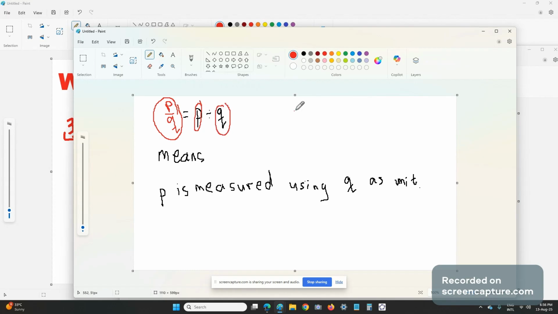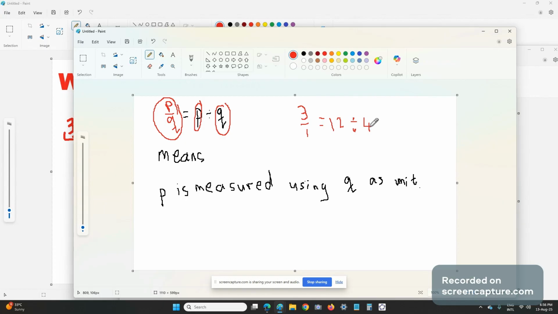Okay, so if we say 12 divided by 4, okay, then the result is 3 over 1. Okay, why? Because 4 acts as a unit to measure 12, right? And that's what it means.